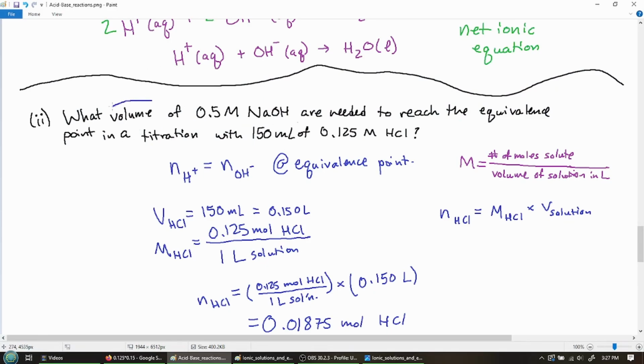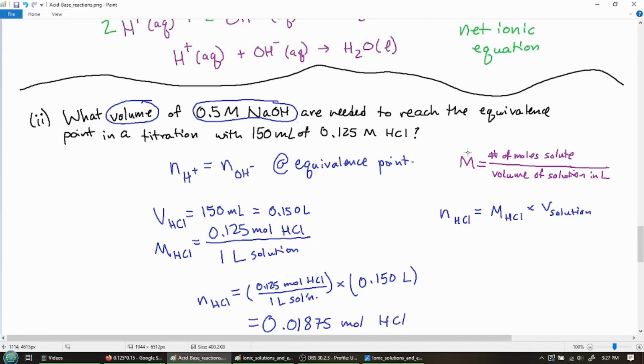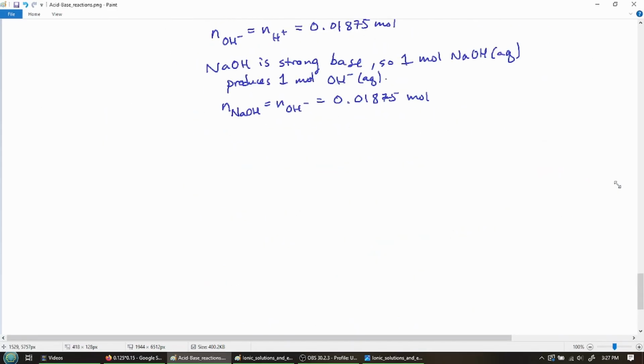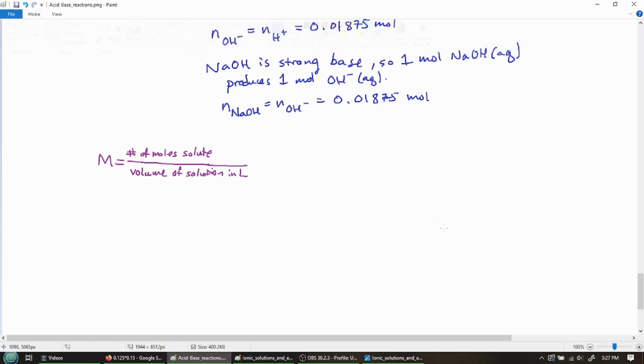We were asked for what volume of this concentration solution of NaOH. Well, we know the concentration for molarity, we know the formula for molarity. Let's copy that one more time and bring it down here with us. Okay, so with this, we should be now equipped to answer that question. Let's rearrange this one more time.